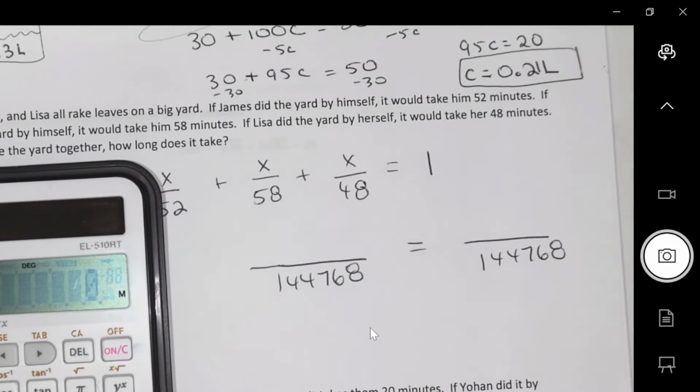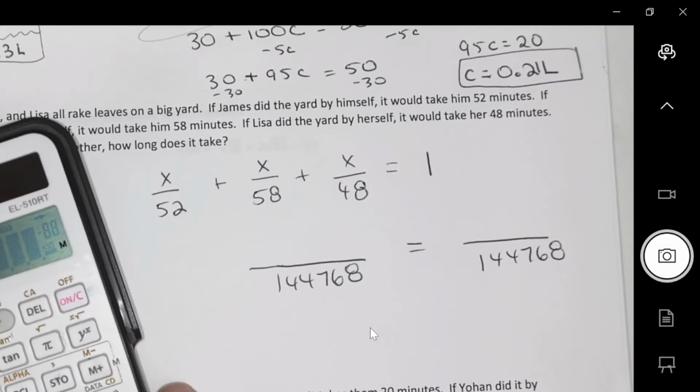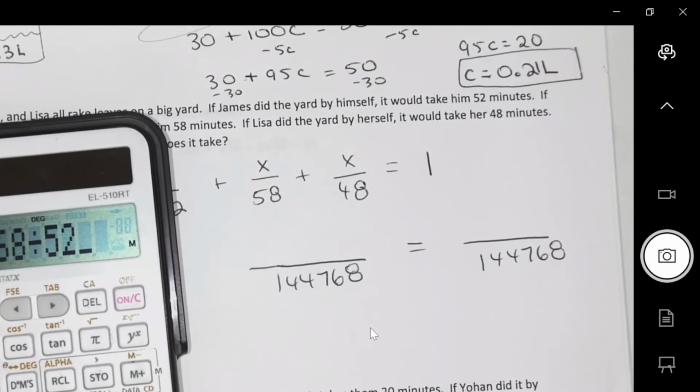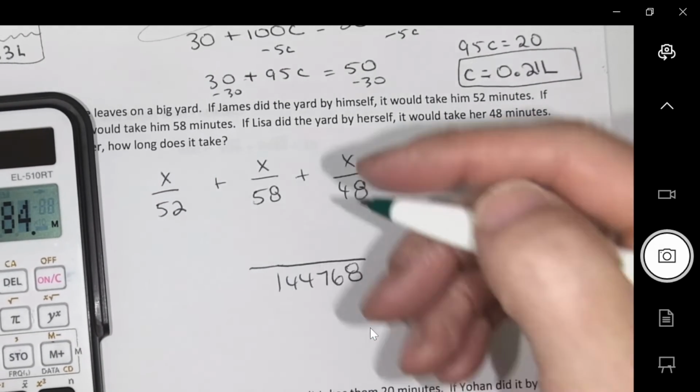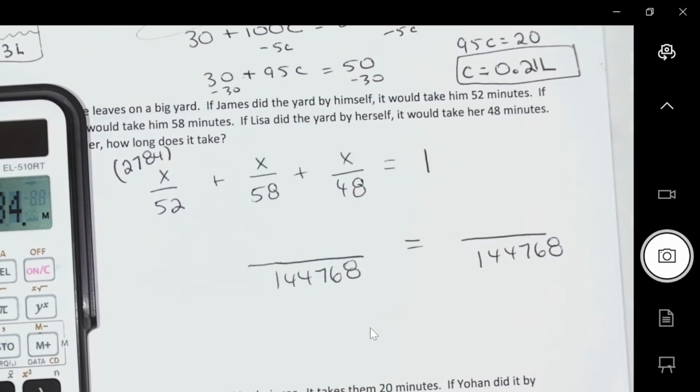Okay, ready? So this divided by 52 means I'd have to multiply this by 2784.